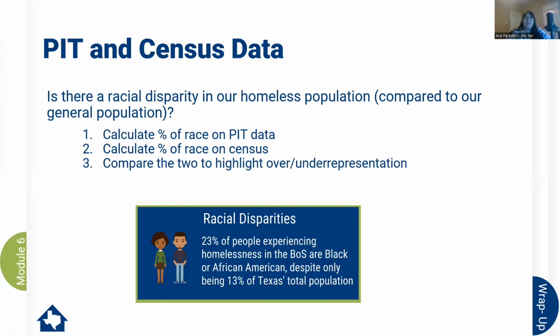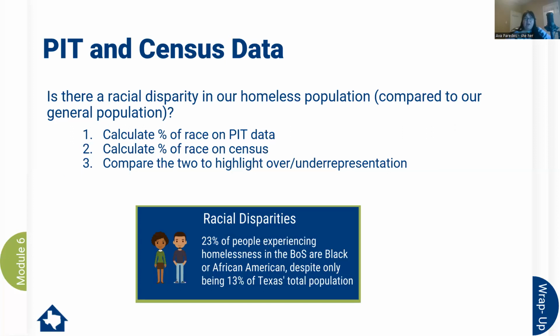The census aims to count every person in a geographical area, while the PIT count aims to count every individual experiencing homelessness within a geographical area. So now, while it may look a little intimidating, this analysis is just building off the formula in the last slide, the percent formula. You'll just be doing it twice.